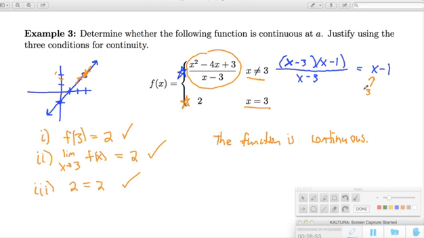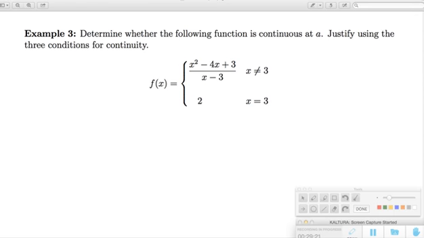But whoever designed this particular function took the extra effort to fill in that hole in the graph and actually made it a continuous function. So again, this particular function is actually continuous, so there's no problem here. So if you're ready, we'll move on.